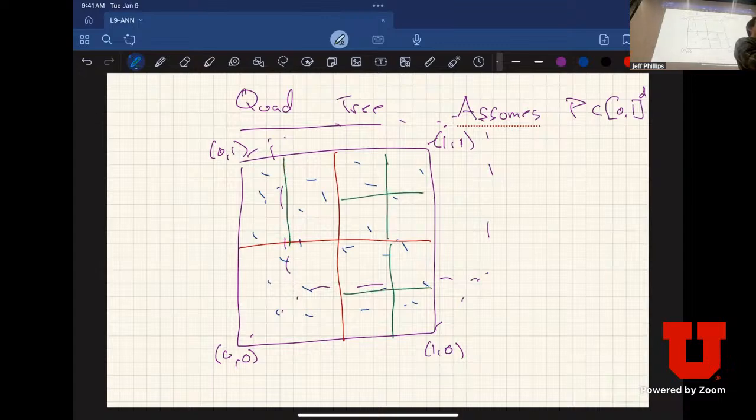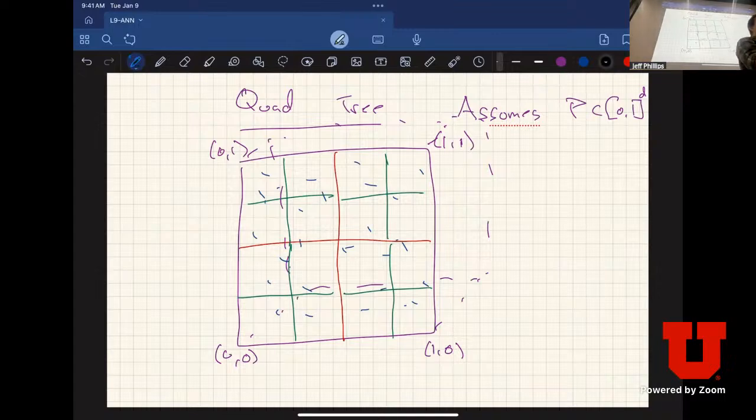This quad tree works pretty well in 2 and 3 dimensions, and most of the theoretical guarantees about how fast I can do approximate nearest neighbors are based on a quad tree way of thinking. The KD tree is adapted to the data. The quad tree is not; it deals with the worst case.